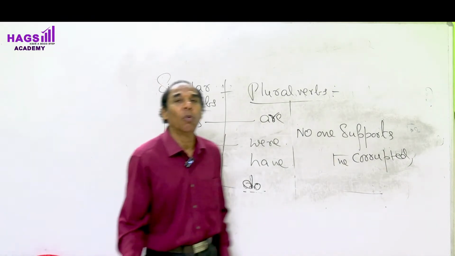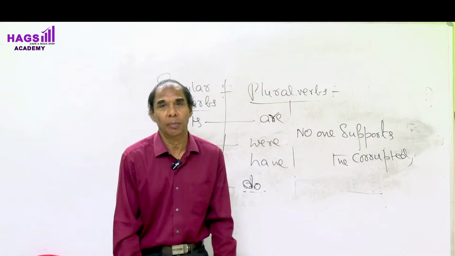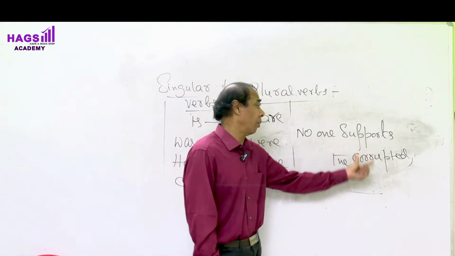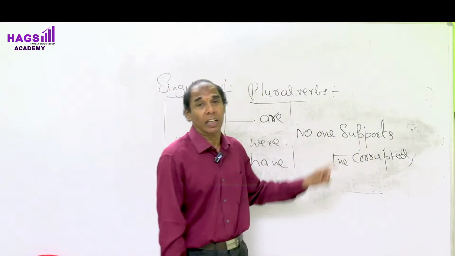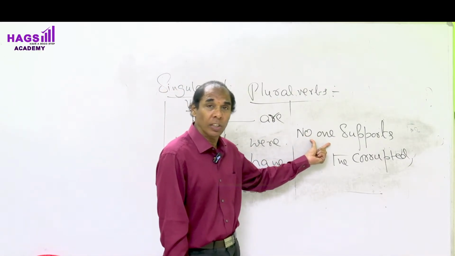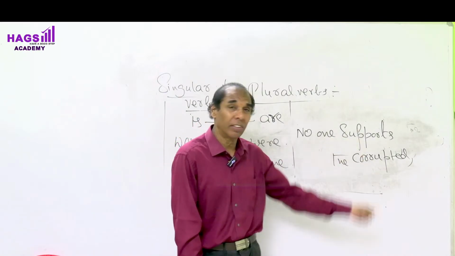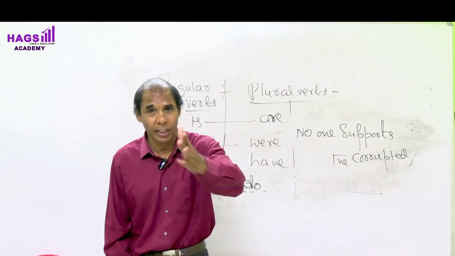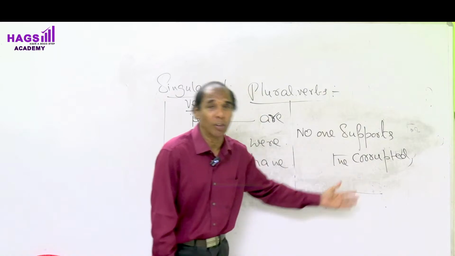Right? It means no one supports them. See, no one supports the corrupted. No one or none. These two words give negative sense. So, if we have any one of these two words in a sentence, it means that sentence is negative. So, the question tag must be positive.